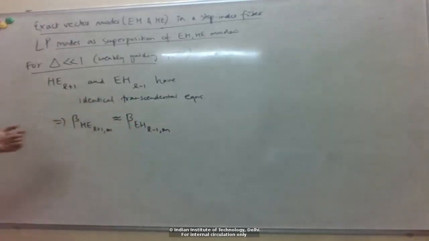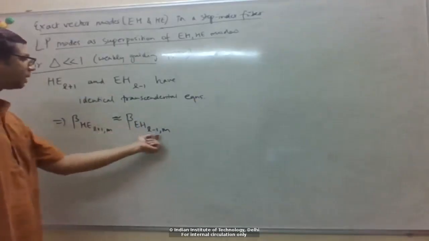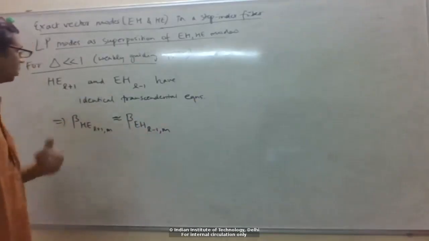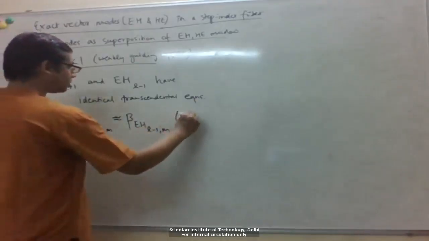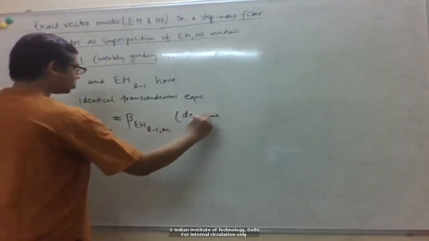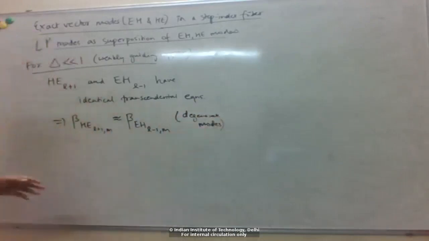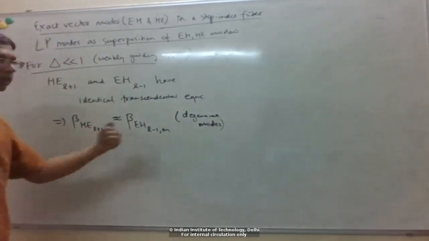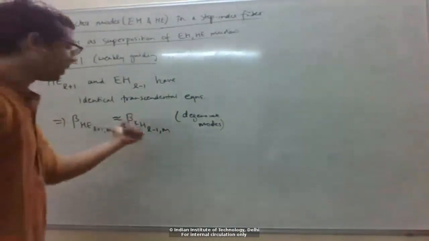Okay, so now these modes become degenerate: HE L plus 1 comma M and EH L minus 1 comma M become degenerate modes. Which means we can take any linear combination of them, and that will also act as a mode with the same beta, right?